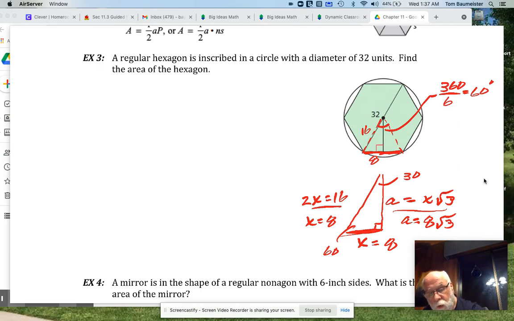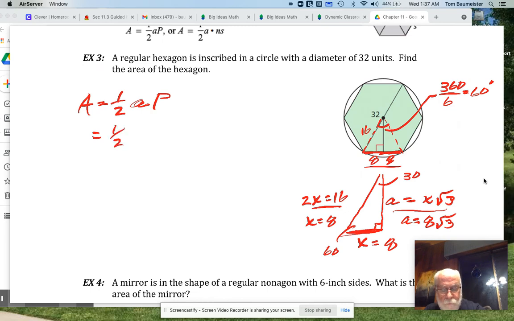So if we take the whole thing, it's going to be 16, right? So we can say then, using our formula, that the area is 1/2 the apothem times the perimeter, or in this case, 1/2 times 8 times the square root of 3, right?